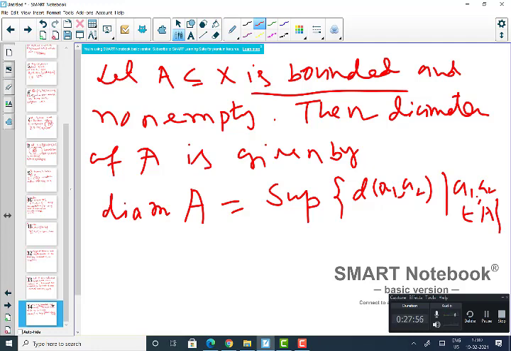Okay, and obviously one can ask that this diameter also depends on the metric. If you change the metric, you can see that a set may have a different diameter with respect to a different metric.